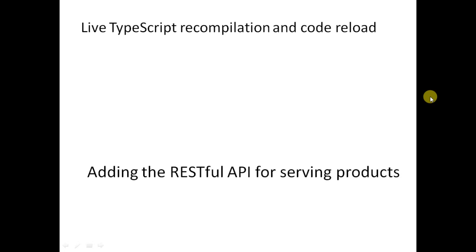Now, adding the RESTful API for serving products. Your ultimate goal is to serve products and reviews for the auction application. In this section, we will illustrate how to prepare a Node server with REST endpoints to serve products in JSON format when HTTP GET requests are received. You will modify the code in the my-express-server.ts file to serve either all products or a specific one.